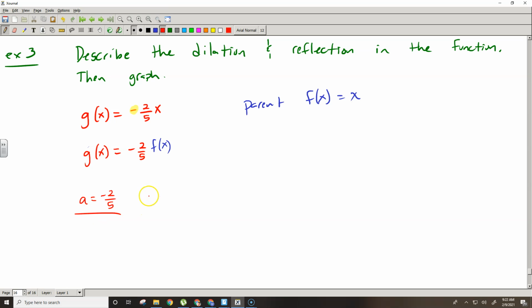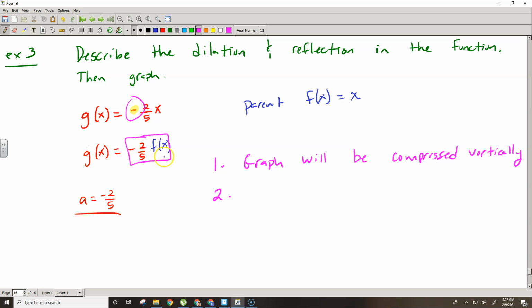is negative 2/5. What that means is that number one, the graph will be compressed vertically. Right? The graph will be compressed vertically. Also, because we have a negative value out here, right? We got a negative, so it's really a negative value times the f of x.